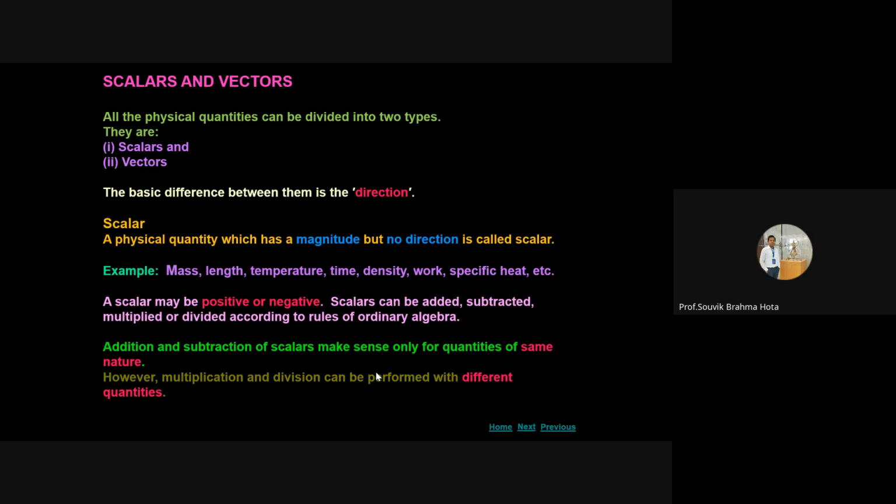However, multiplication and division can be performed with different quantities. Suppose we can multiply mass with length if we want to get a quantity. That can be done, but subtraction and addition cannot be done unless they are of the same nature, like masses, or lengths, or temperatures.